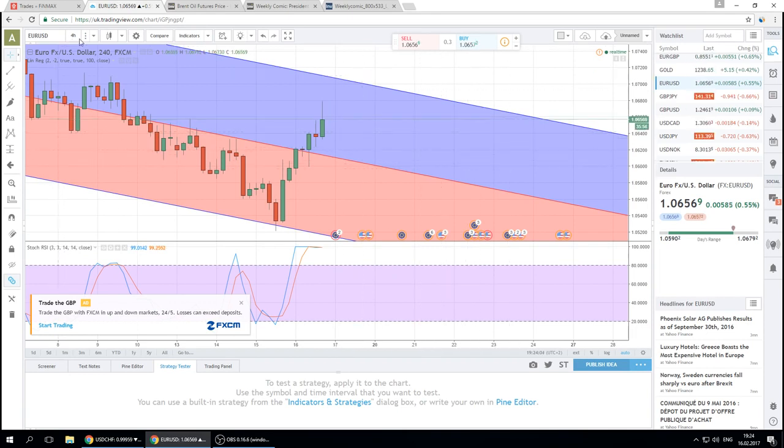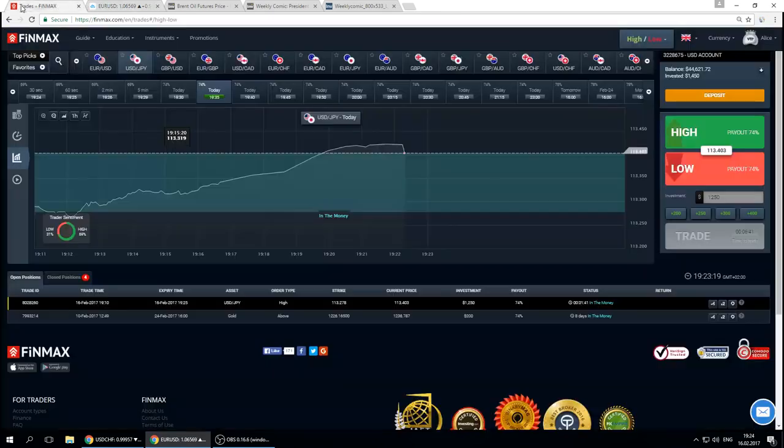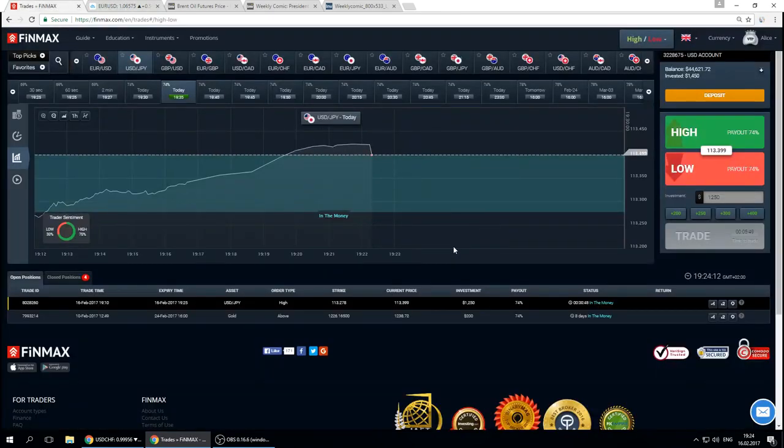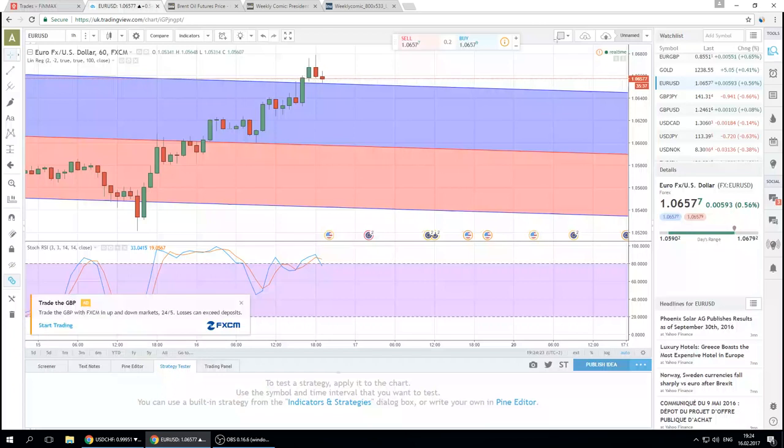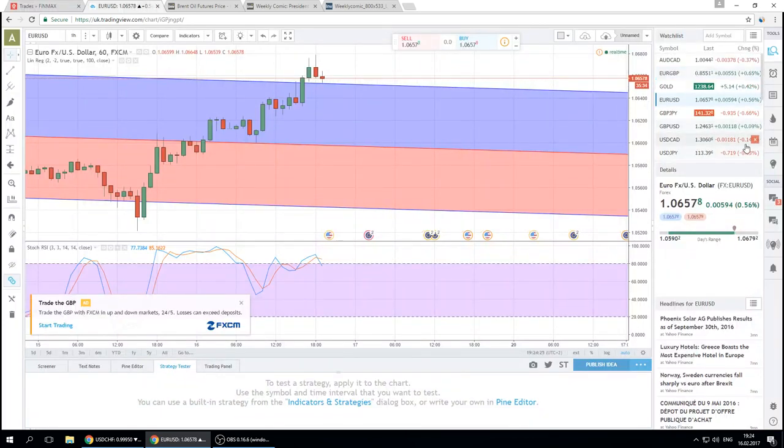Well, the 4-hour chart is not so clear. So right now our last trade is going to expire. And I believe I'm going to finish with that for today.